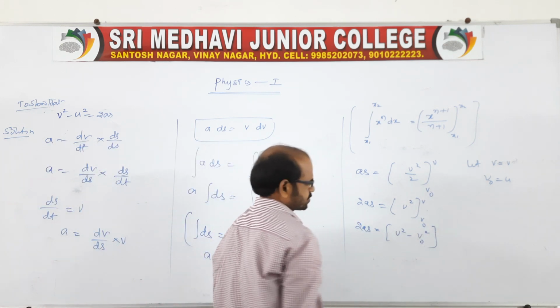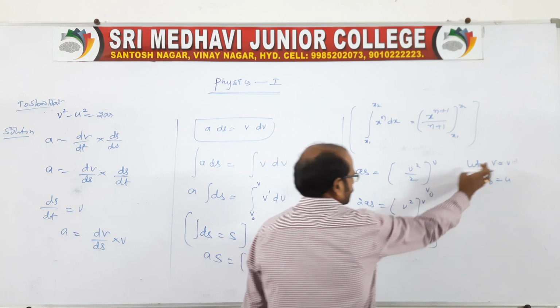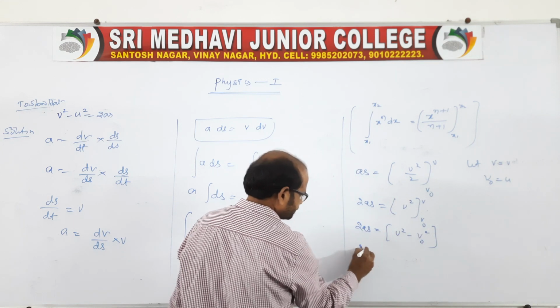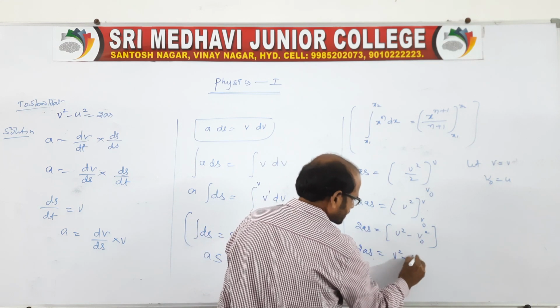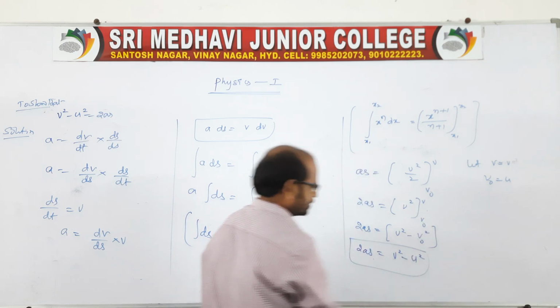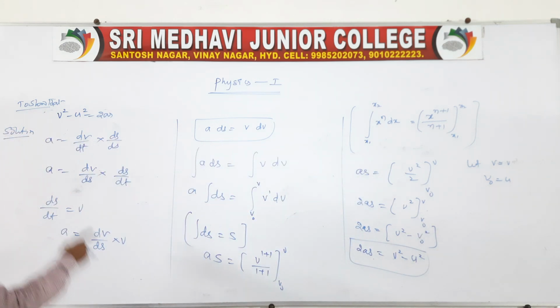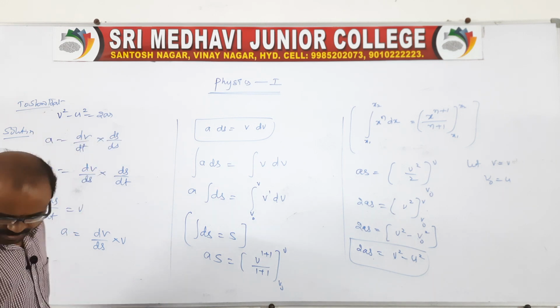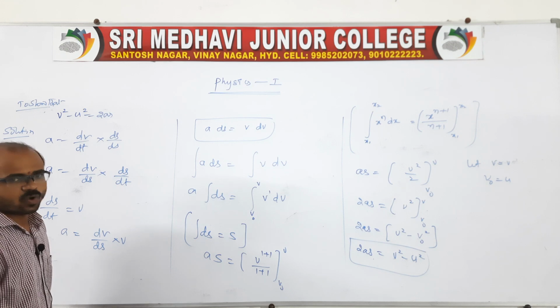Upper and lower limits are substituted. So instead of v you take v0, as u. So v square minus u square is equal to 2as, by using instantaneous acceleration, so that we get the final expression like this. Okay, this is the proof.